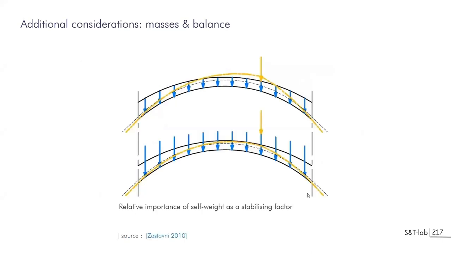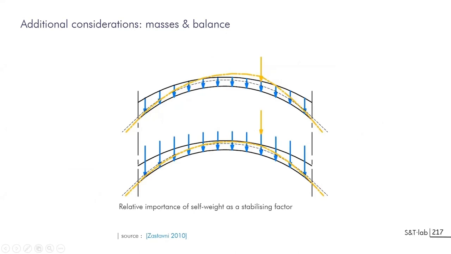There are more examples about using loading. For example, if you have the loading that will be associated with the arch in black, and you add an additional force on both sides, you will see that the thrust line, the funicular polygon being in dashed line here, will be changed to the yellow one, and the yellow one is getting outside of the arch.